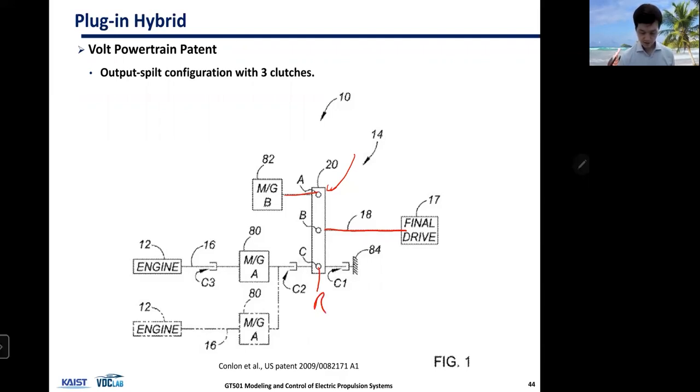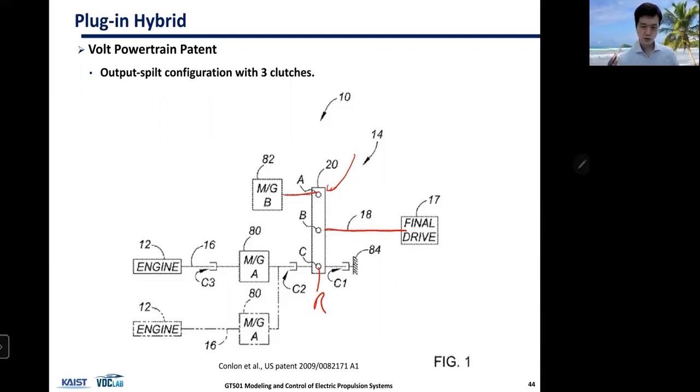And you have 3 clutches to create different modes. So if you did not have any clutch, this would be a single mode. And if you connect C2 and C3, it becomes output split mode. And this is different from the Toyota Prius architecture, which is the input split mode.